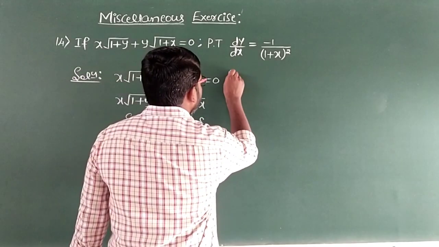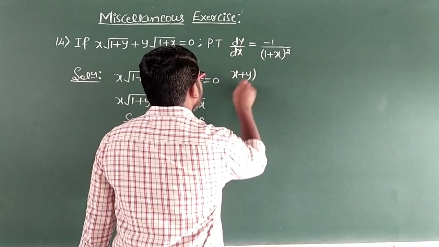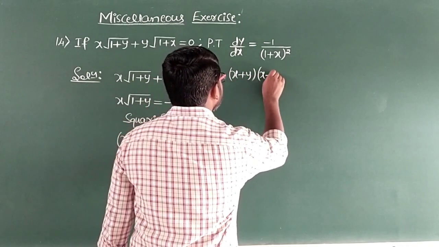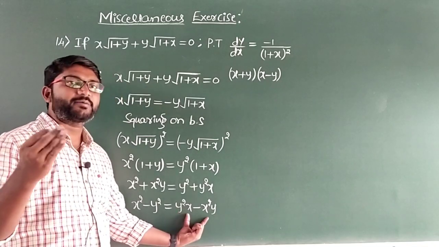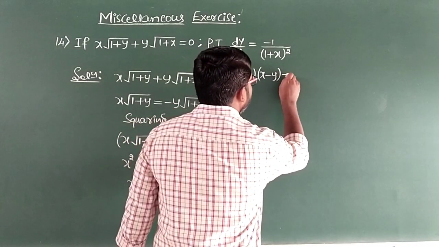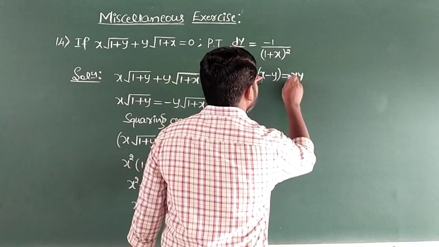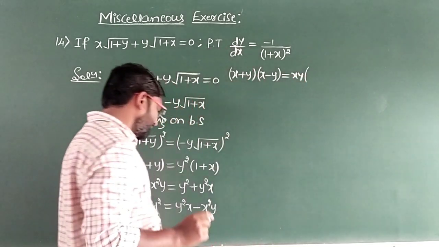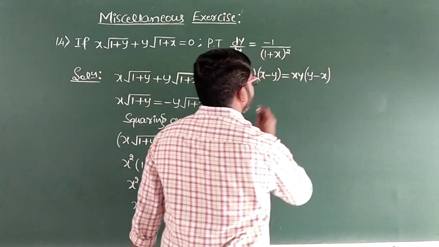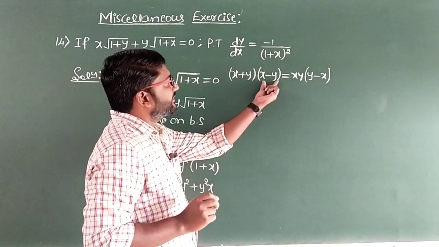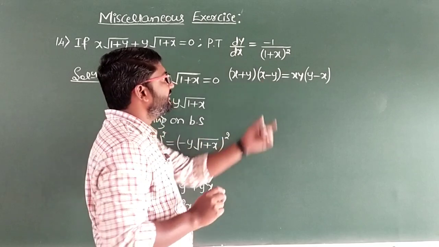So we get (x plus y) into (x minus y), which is equal to, here in the right hand side we can take xy common. So I'll take xy common, and in the bracket we are left with y minus x. Now I'll take minus common here so that this term will be reversed.